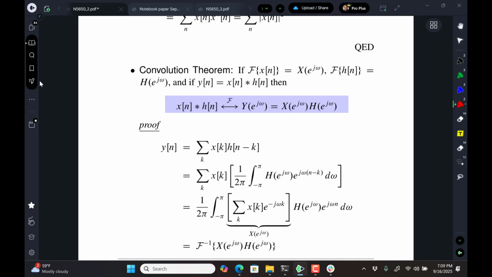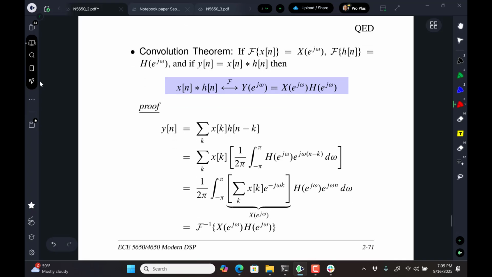We'll have the option after chapter 3 of doing the Z domain if we want to, but convolution in the sequence domain becomes multiplication in the frequency domain. So this gets used in the homework problems as well, definitely. And the proof of it is not a rigorous proof, it's just interchanging orders and then proving that it's true from these steps.